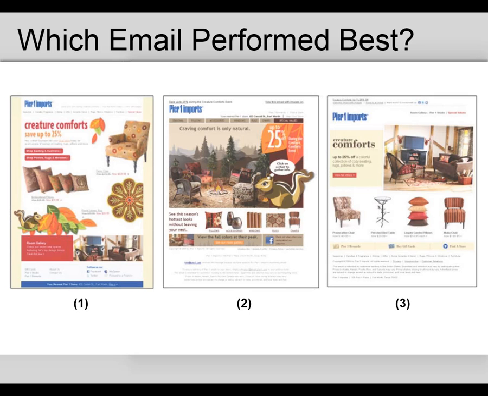I'd like for you to vote on which email you perceive to be the most optimized. Is it number 1? Is it number 2? Or is it number 3? So go ahead and take a look at each of these 3 emails, and use the little chat window there and type in number 1, number 2, number 3.